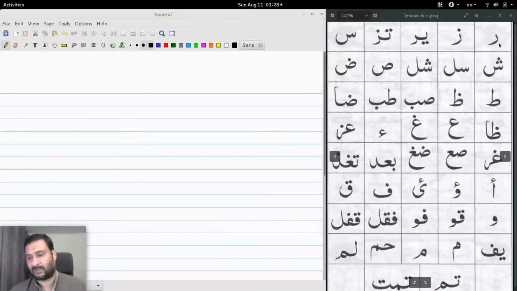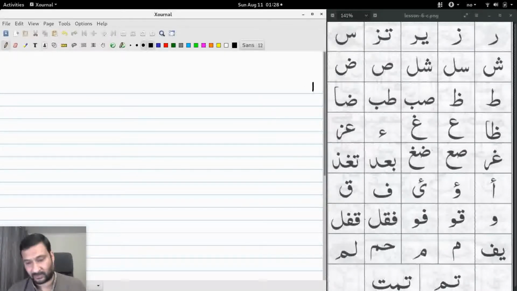The first letter here is Ra, which is thankfully shown in its entirely correct or normal form. Then is Za, and then comes the next combination, which is Ya Ra. And here you will see Ya, and then Ra, like this.